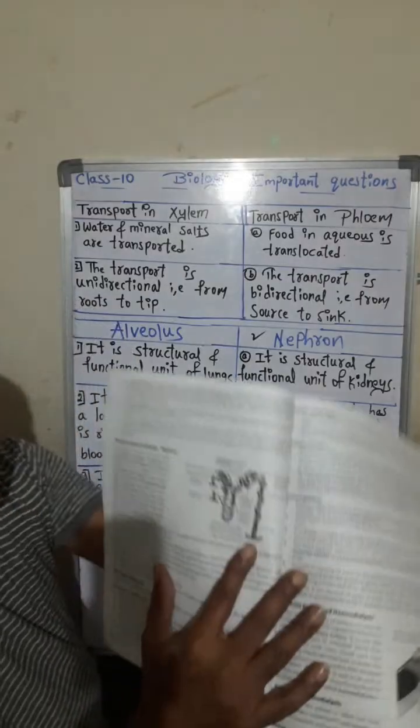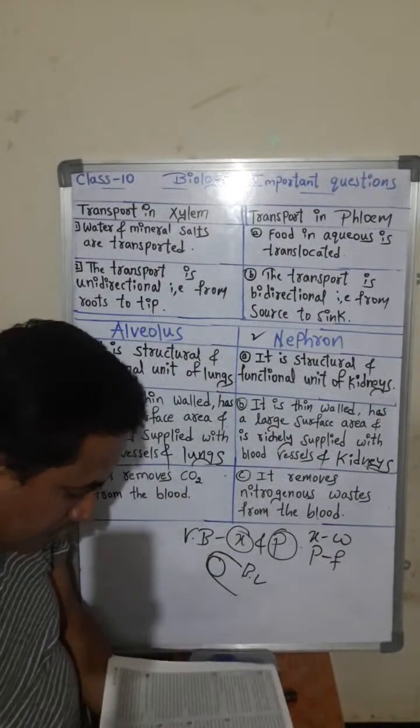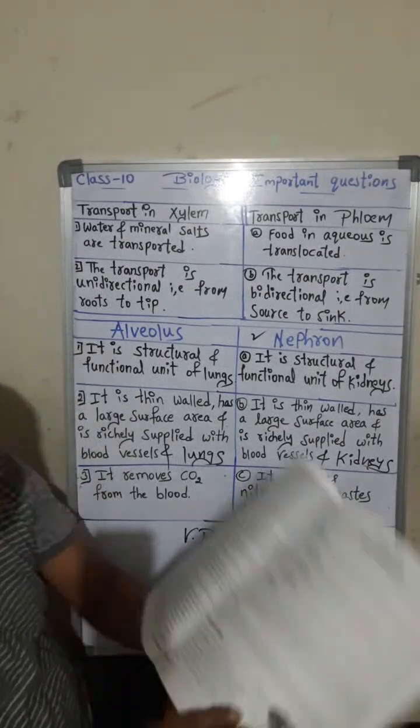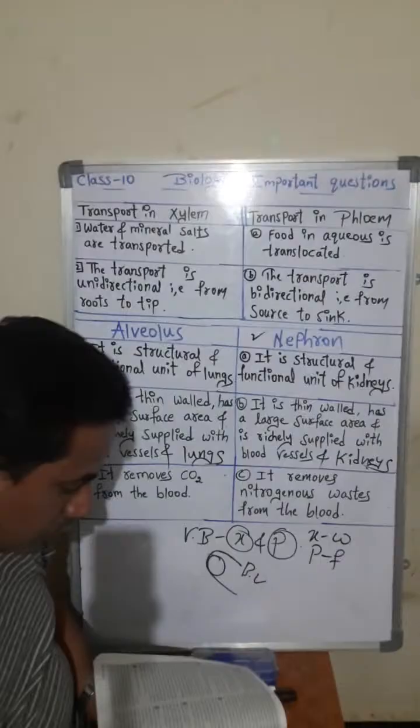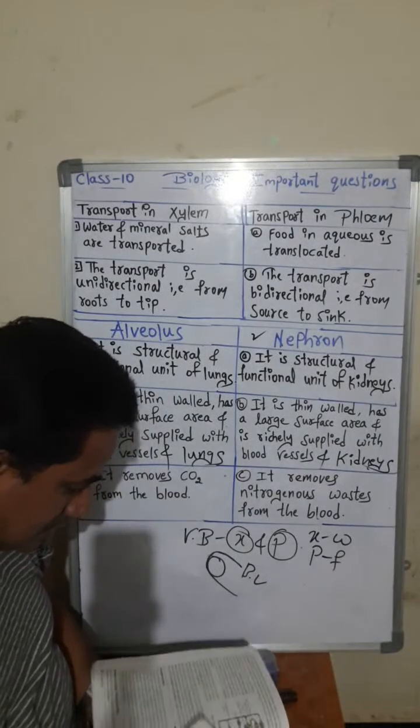So students, this is the structure of the nephron. Day before yesterday I drew the structure of the nephron, and this diagram of the human excretory system I also drew and showed you in the last class.